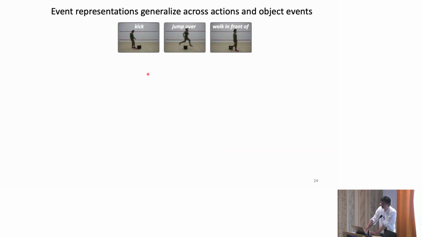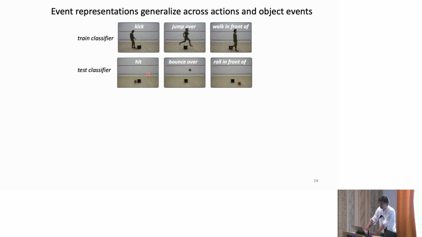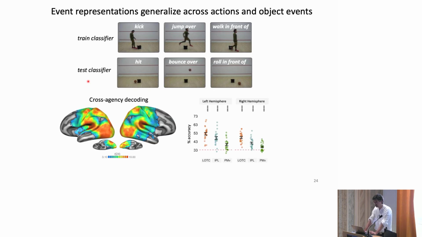Now, because the actions and object events are structurally similar, we can test for a common underlying representation using cross-decoding. So we trained the classifier on the actions, and then we tested it on the object events. And as you can see, throughout the action observation network, there are common representations that generalize across agency.